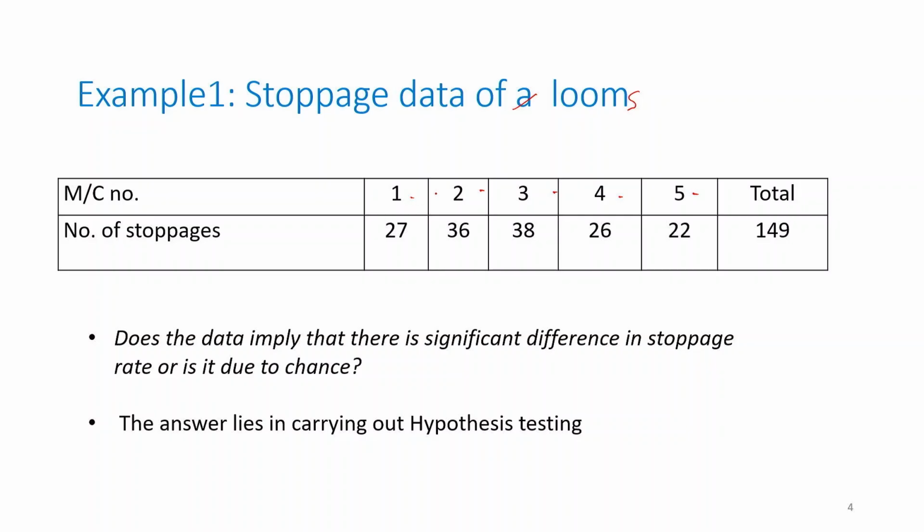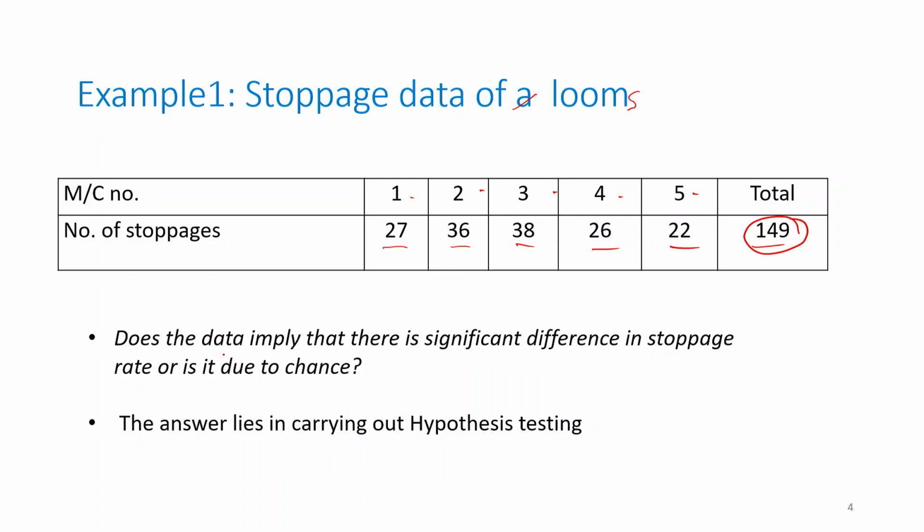Let us say I have 5 looms and we are collecting stoppage data over a period of maybe 6 months or 3 months, some time limit must be there. And these are the values I get: 27, 36, 38, 26, 22. Total is 149.